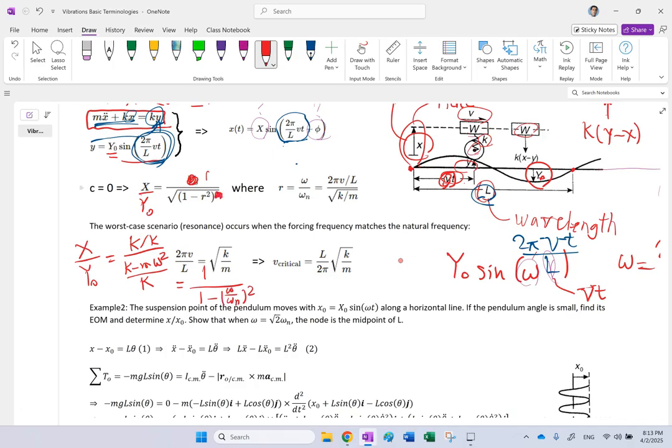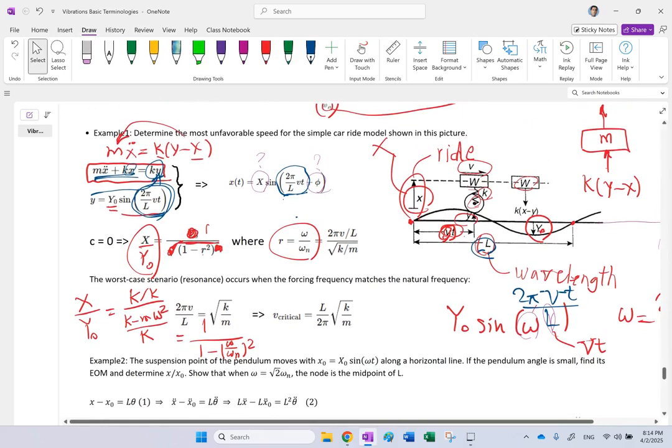Here you can see that the power of 2 and that square root, I can get rid of. So the magnitude is going to be 1 over 1 minus r squared, where r is the ratio of omega over omega n. And what is omega over omega n? My omega in this system is this coefficient of t, so that is my omega.